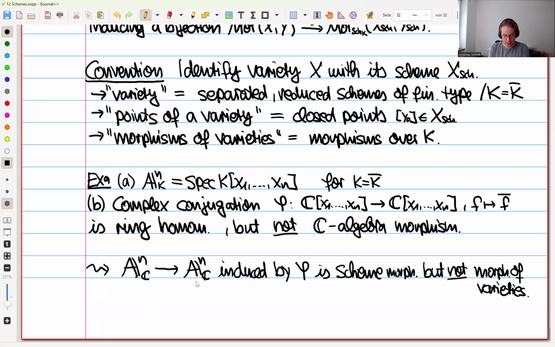And we know that this is not a morphism of affine varieties over C as we allow it. Because these should be given by polynomials, as we know, with coefficients over the complex numbers, but we know that the morphism x is sent to x bar is not given by such a polynomial. Okay, so this is something that we don't allow.